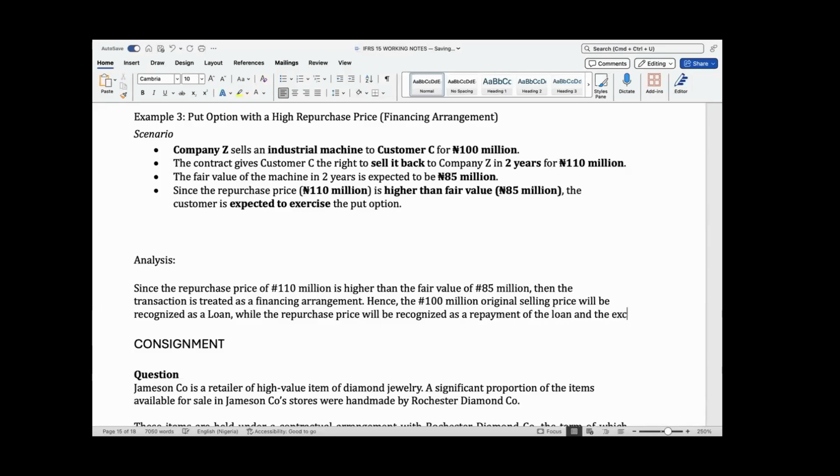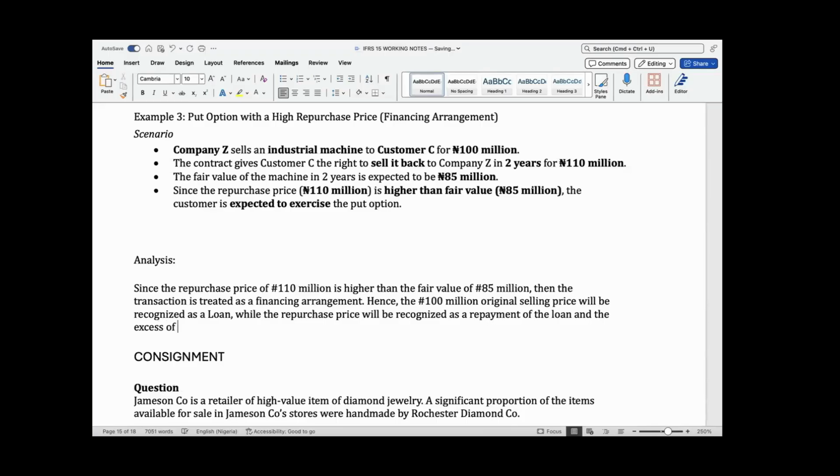And the excess of 10 million over the original selling price will be recognized as interest expense. Okay, and that's all.